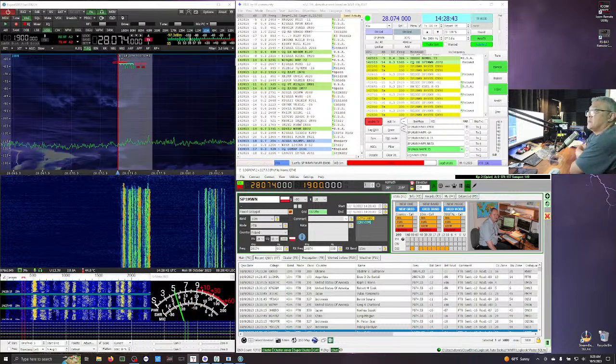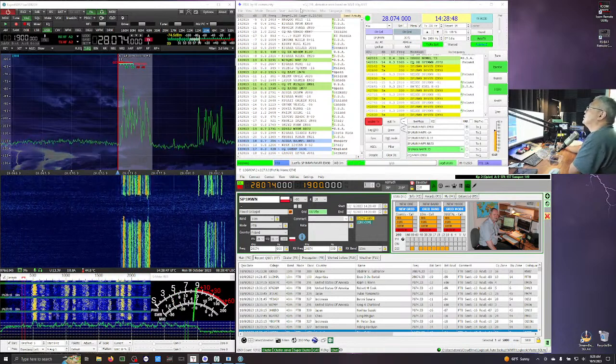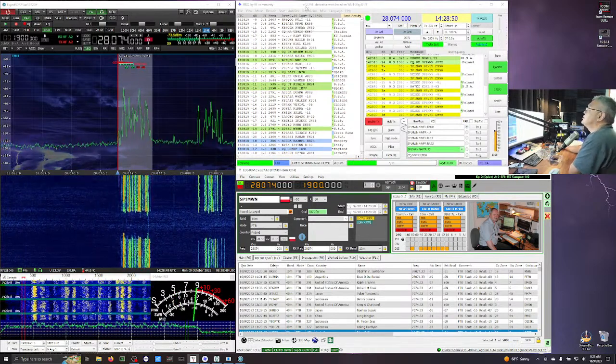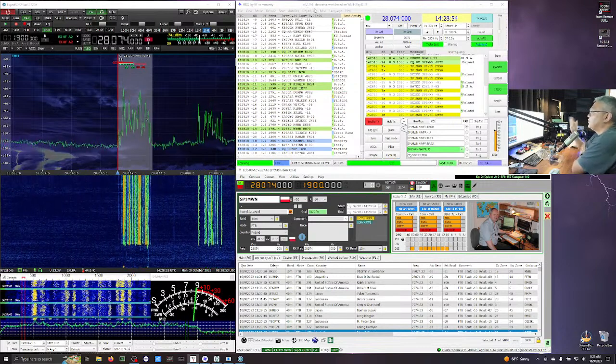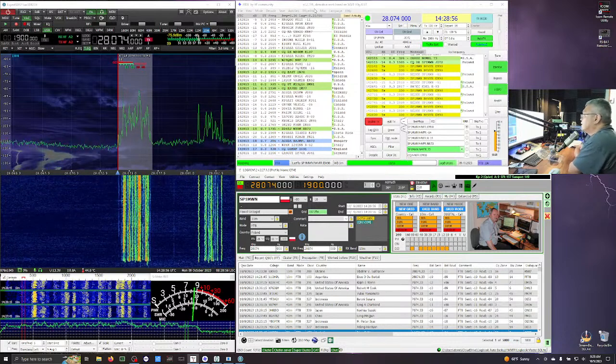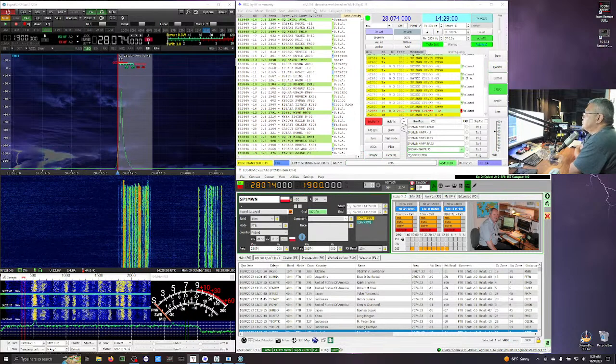Okay, JTDX. Yeah, I probably got an older version here. This is version 2.2.159. This works. I'm not going to update it. About time. There you go. Mr. Powell from Poland.